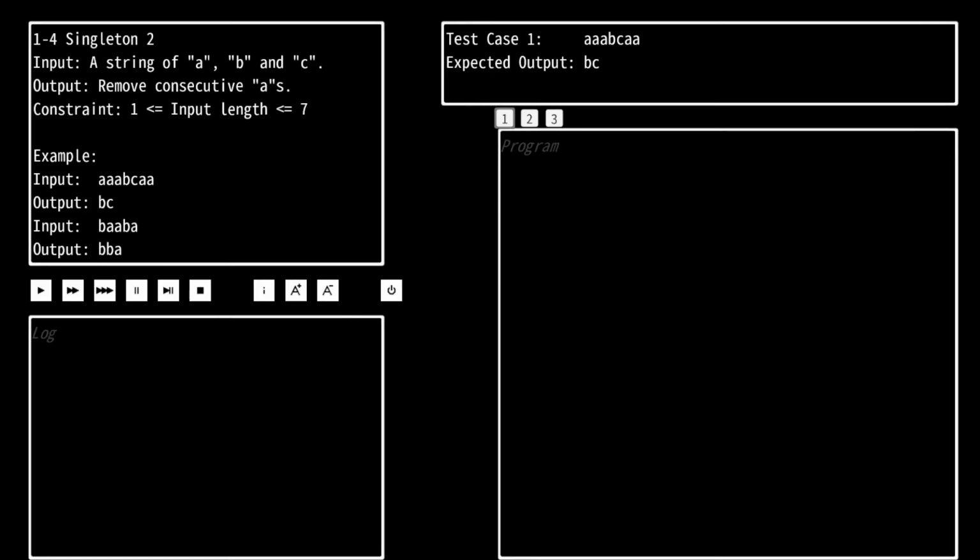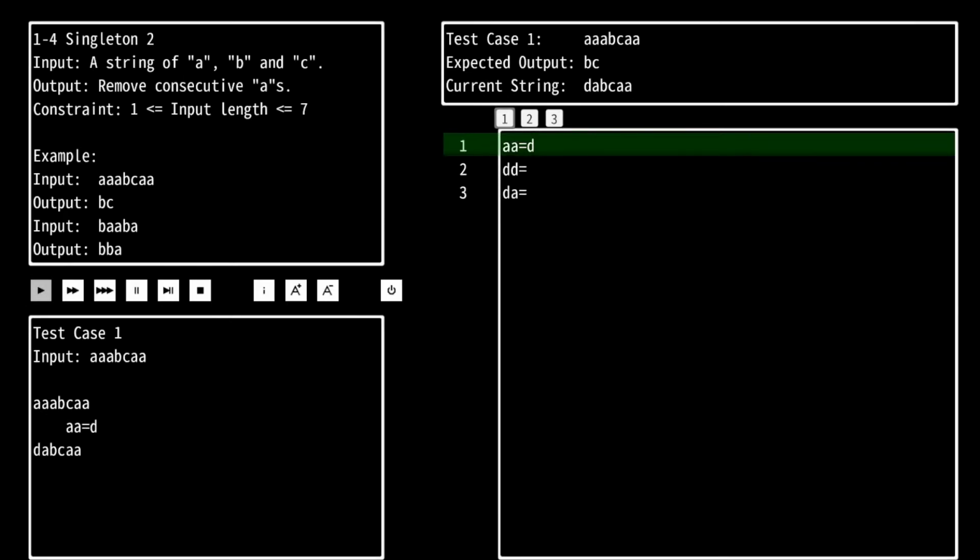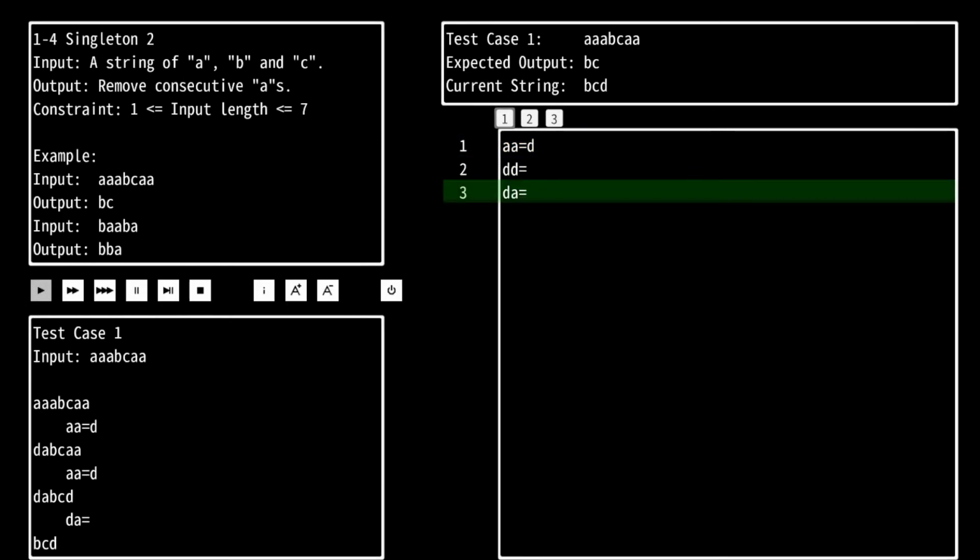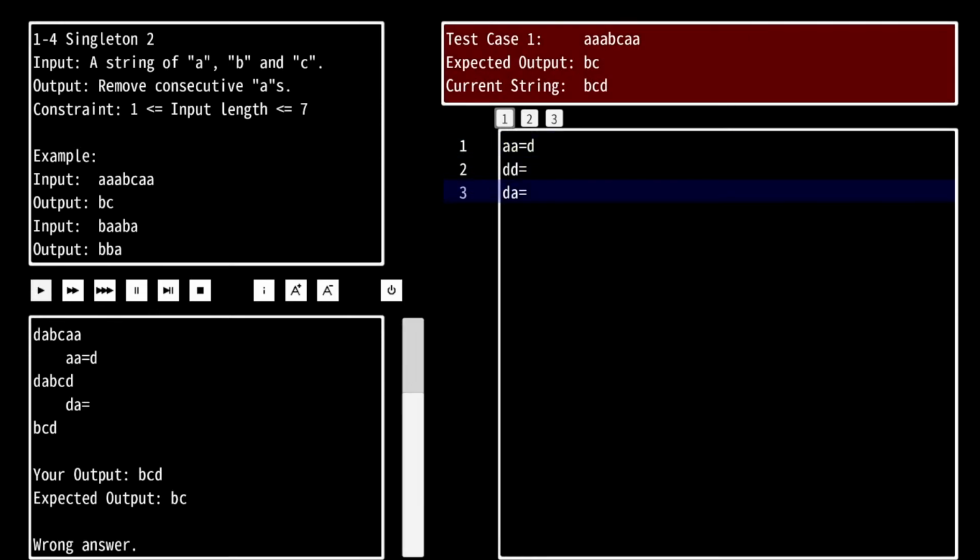So I think what I need to do is introduce a 4th letter. So we'll do AA equals D. DD equals nothing. AD equals nothing. Or DA equals nothing. And that should probably work. Oh, okay, sorry. D equals nothing.